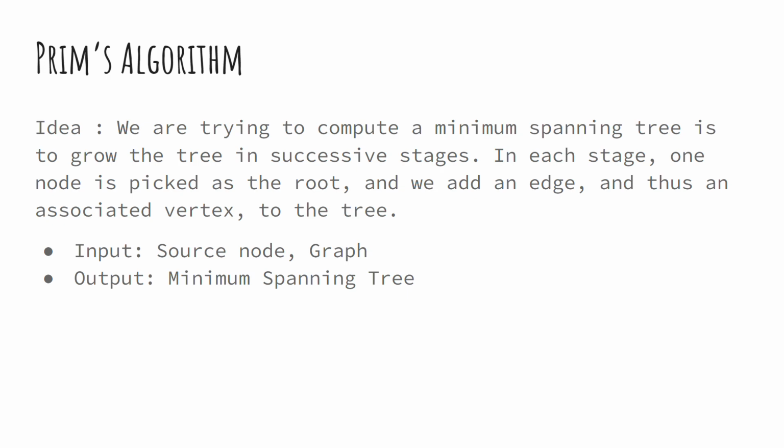So we'll keep using the greedy choice until we finally get the minimum spanning tree. So basically the input for Prim's algorithm is a source node where you want to start from, and the graph, which consists of the vertices and the edges, and then the output is basically a minimum spanning tree.